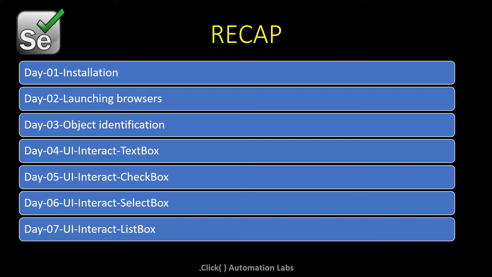How select boxes look, and how we verify whether it is a select box, a combo box, or a list box, how to retrieve all the options with getOptions, how to retrieve the selected options with getAllSelectedOptions, and how to select items from the list box or combo box, like selectByIndex, selectByValue, and selectByVisibleText. We looked at these various components and did some hands-on examples on checkboxes and list boxes.